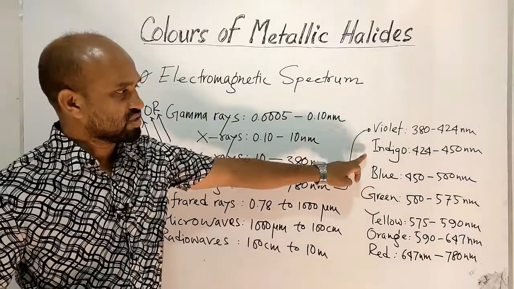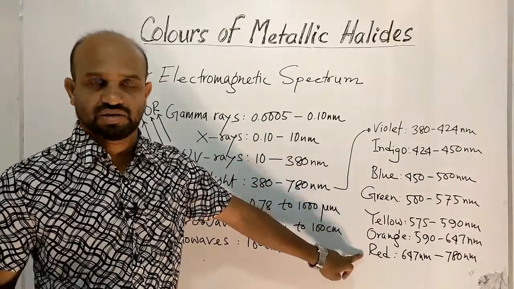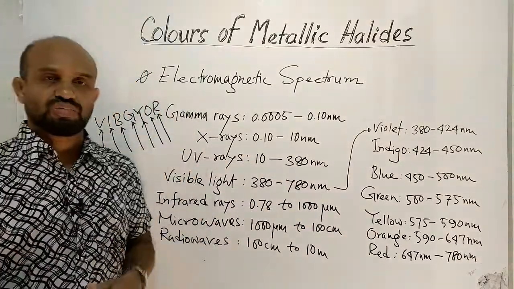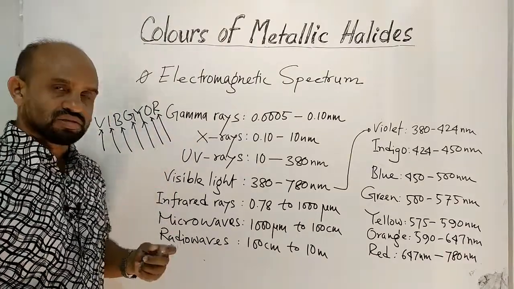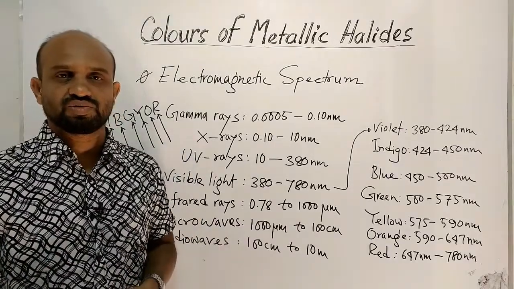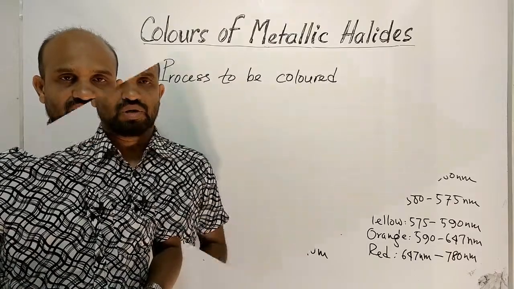Those are violet, indigo, blue, green, yellow, orange and red. So this is all about electromagnetic spectrum. Mainly these regions, and again visible light is divided into another 7 regions. Let's see the next point.